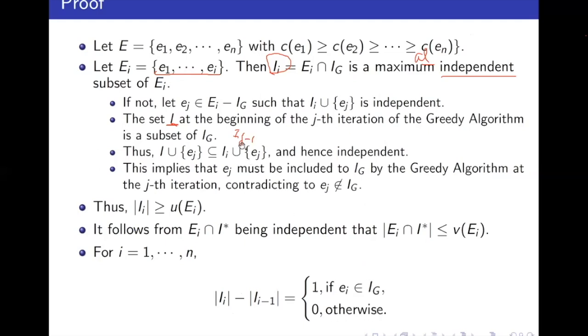Let me go back here to add something. So we know this E_j is in E_i, which means this j is less than or equal to i.